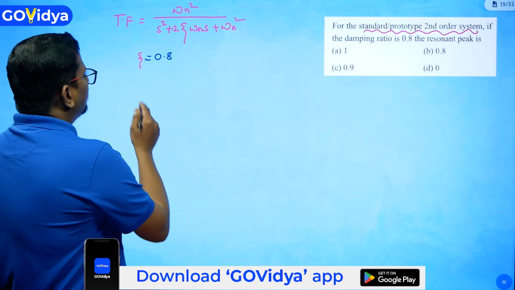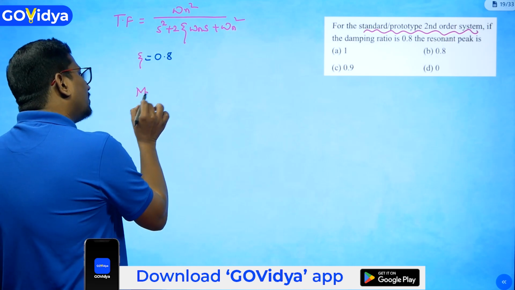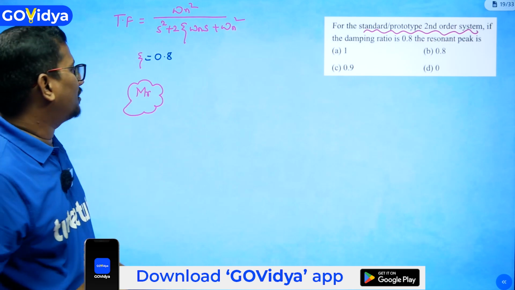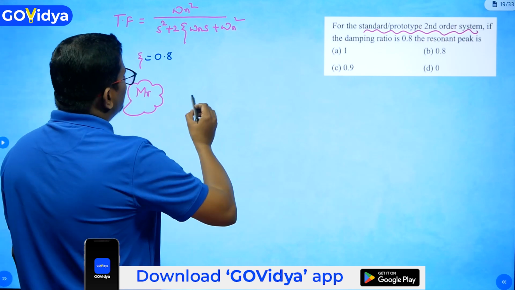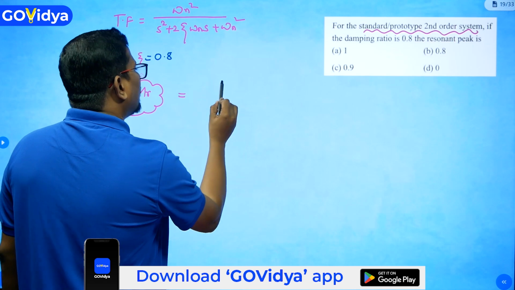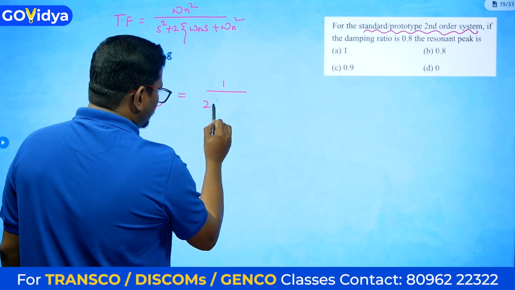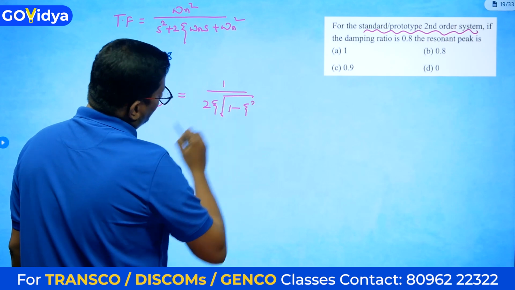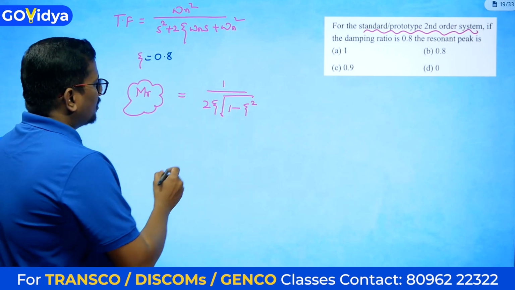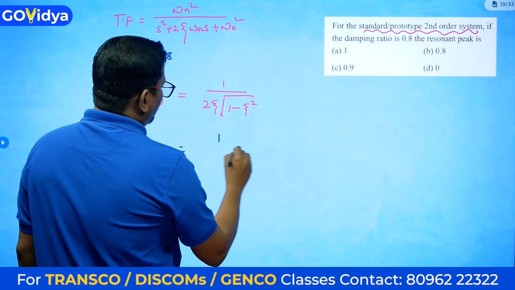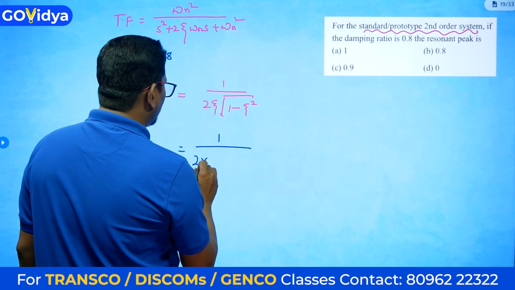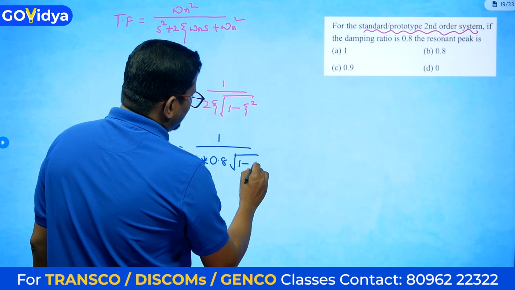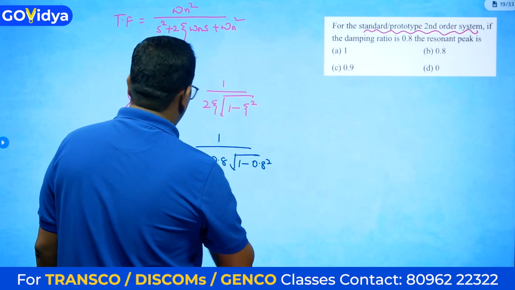Now resonant peak. Resonant peak means MR. So can you tell me what is that MR value? 1 upon 2 zeta under root 1 minus zeta square. So 1 upon 2 into 0.8 into root of 1 minus 0.8 square.